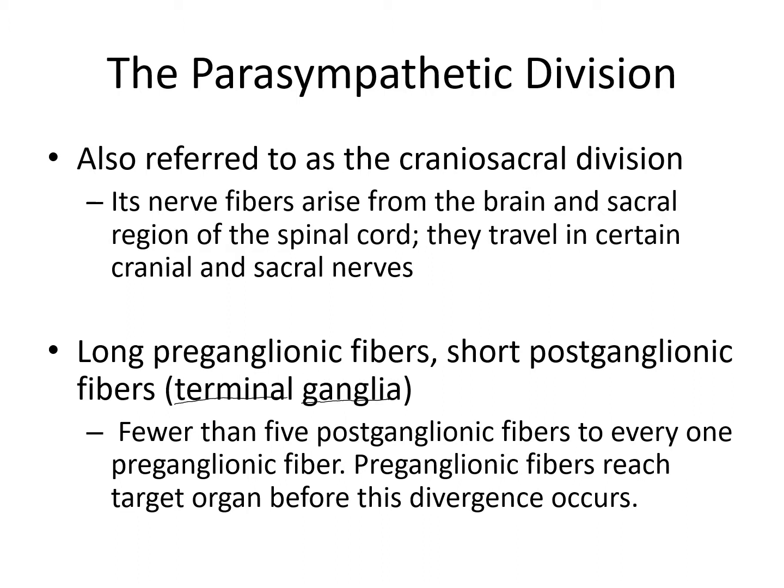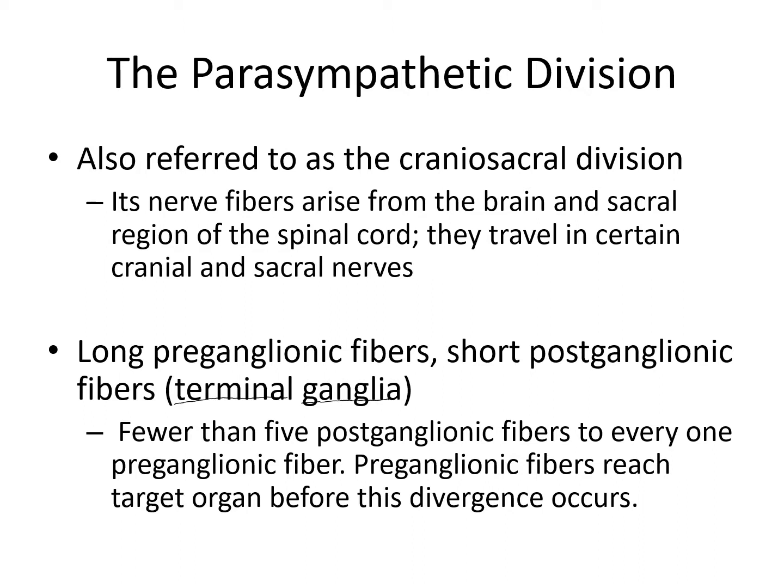With the sympathetic division, we had a little bit more divergence. On average, we have maybe 10 or 15 postganglionic fibers to every one preganglionic fiber, whereas with the parasympathetic, we see fewer than 5 postganglionic fibers to every one preganglionic fiber. What that means is that when neurotransmitter is released from your preganglionic fiber, the fewer postganglionic fibers you have, the more localized the effects are going to be.